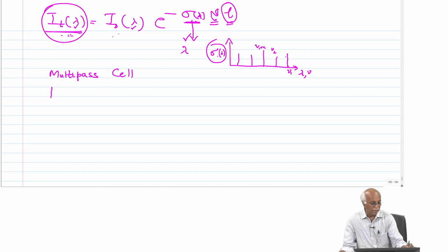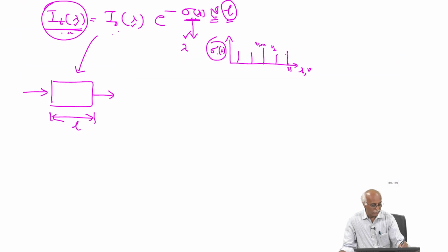Let us say this is a single pass cell with length L. For a given L and a given sigma value, based on the input intensity and output intensity, we will be able to capture the n value.